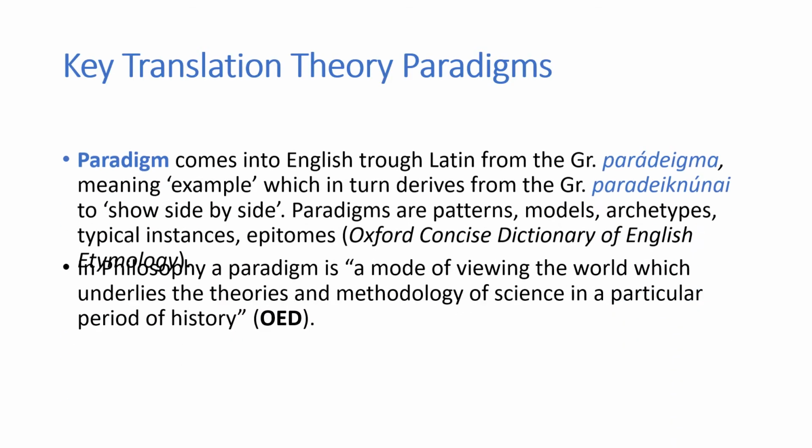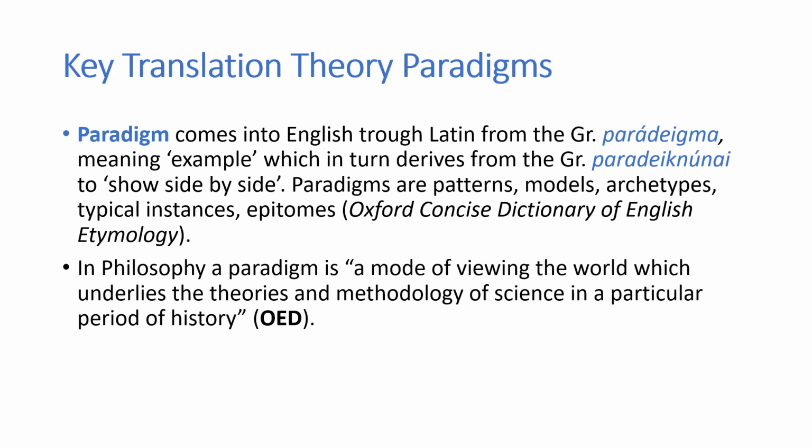Some background before we start. The word paradigm is important to note, coming from the Greek paradeigma, which means example, which in turn derives from the Greek paradeiknynai, to show side by side. Therefore, etymologically, paradigms are patterns, models, archetypes, typical instances or epitomes of certain realities in the world.